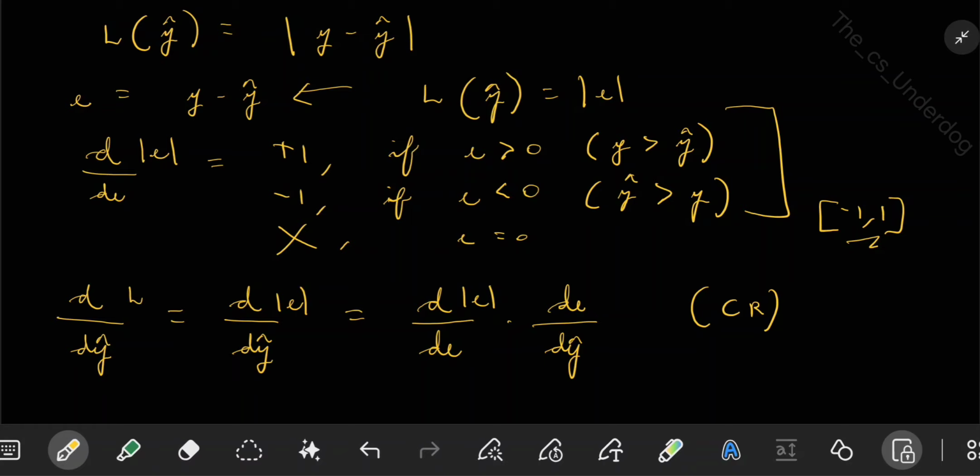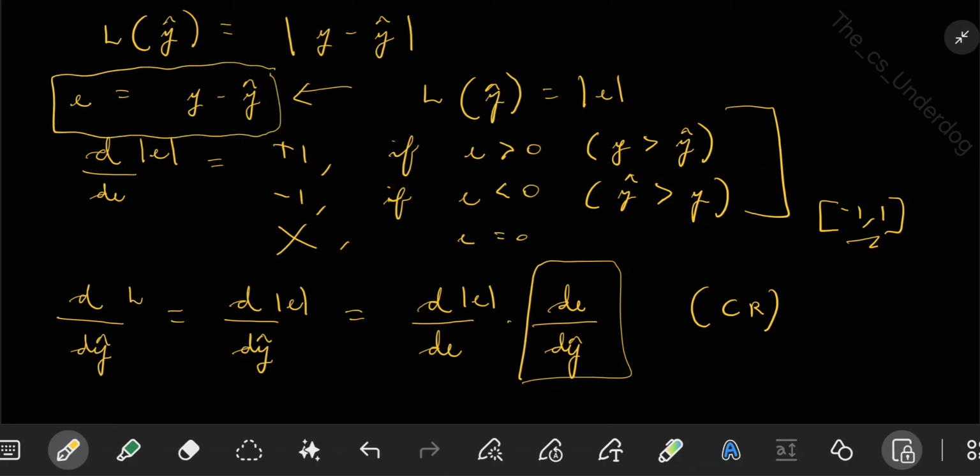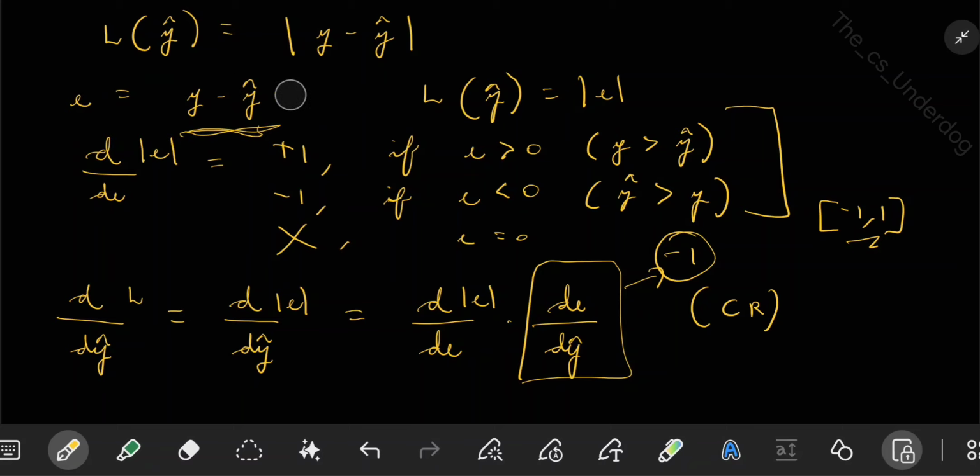The reason I use the chain rule is that this part is very simple. What is dE by dy cap? My E is y minus y cap, which means dE by dy cap is minus 1. Why is it minus 1? Here y cap has a negative sign, so if I differentiate with respect to y cap, I will get minus 1.